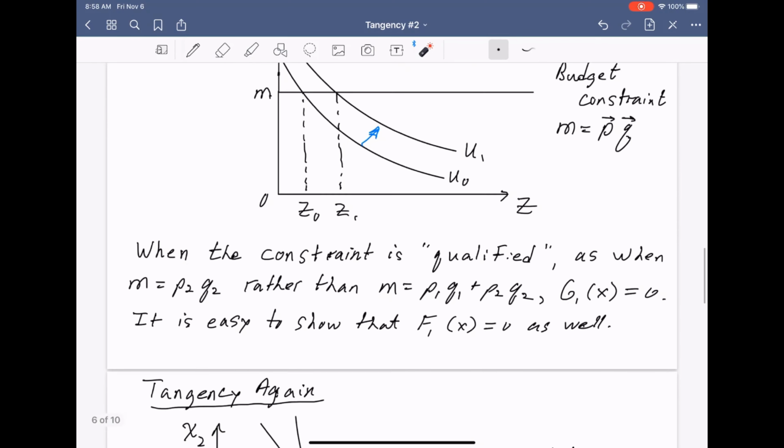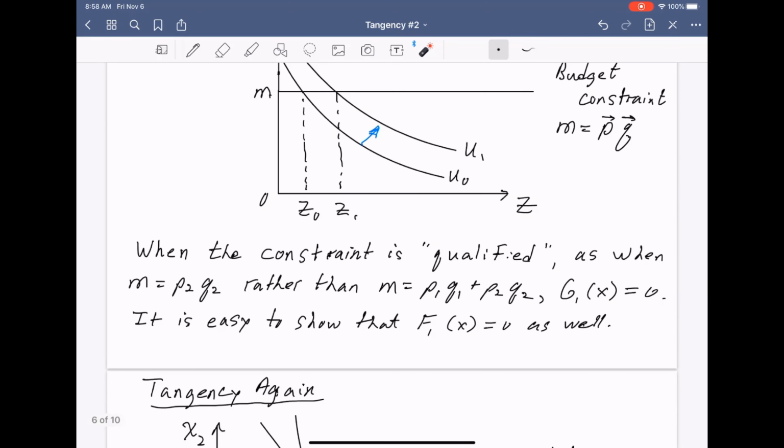So when the constraint is qualified, as when M equals P2 Q2, rather than M equals P1 Q1 plus P2 Q2, so in other words, this P1 has a price of 0, then the first derivative of the constraint with respect to X is equal to 0, and it's very easy to show that the first derivative of the objective function with respect to that same variable X is 0 as well.